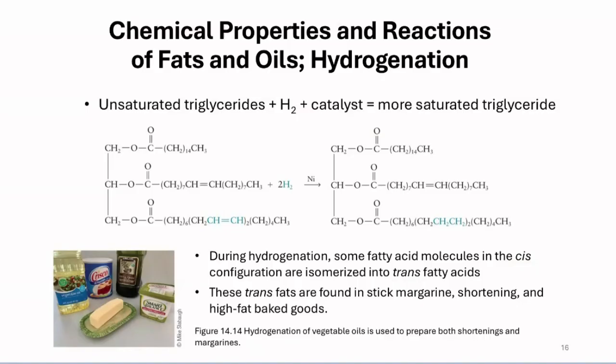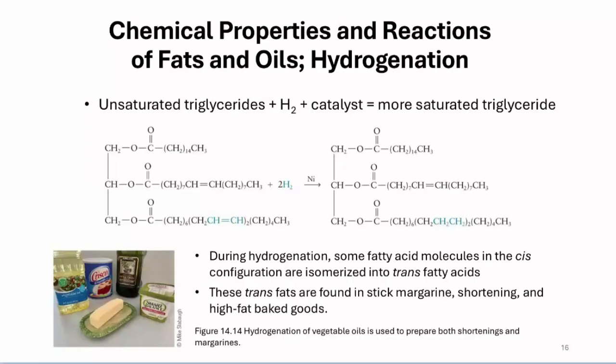But nowadays, you may see on the label that it contains partially hydrogenated oils with no trans fat. That means that the company producing this food product removed the trans fat that were produced within the reaction.